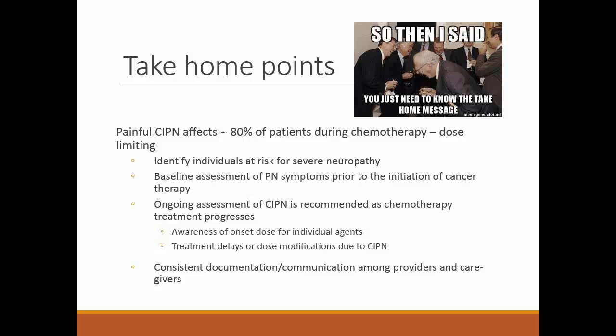So you get a sensory profile or a patient stratification where you can tailor both chemotherapeutic and analgesic treatment. Ongoing assessment for CIPN is recommended as chemotherapy progresses. Regular testing as performed at baseline through the chemotherapy cycles will help determine the onset and dose of painful CIPN, and in the future predict the onset and dose as determined by baseline evaluation.